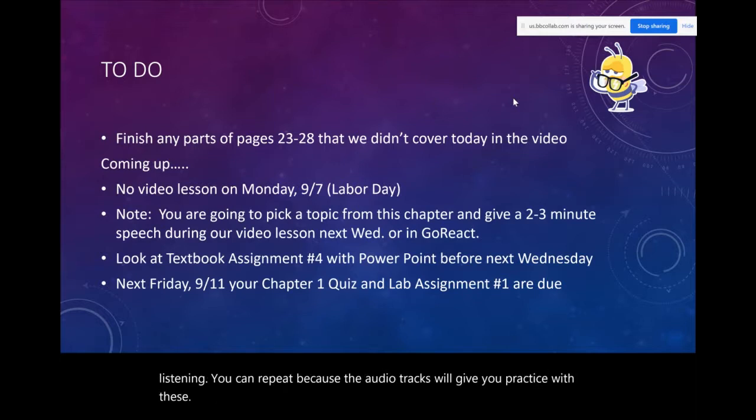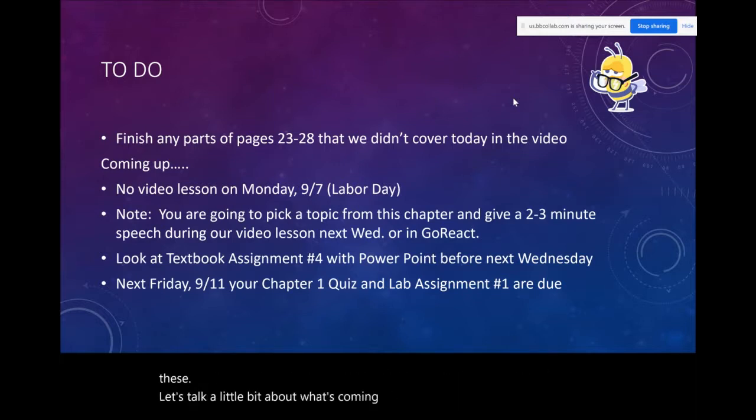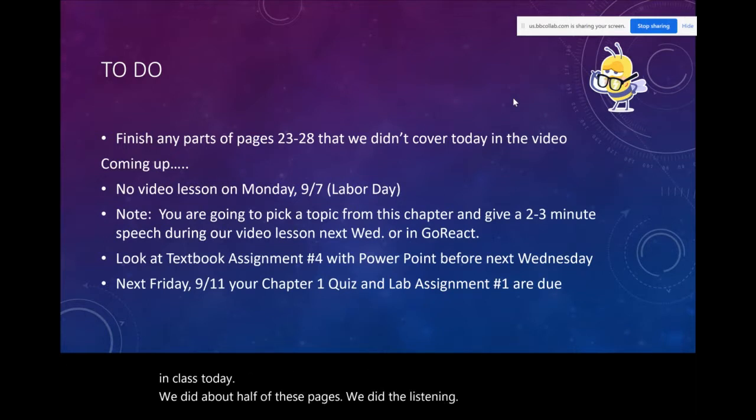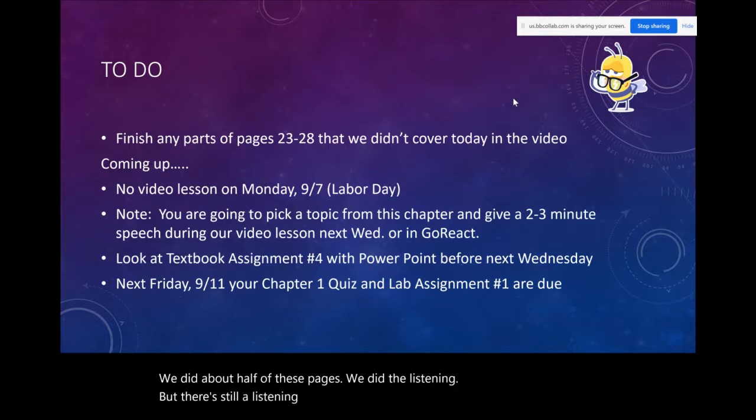Let's talk a little bit about what's coming up this week. Your homework is to finish any parts of pages 23 through 28 that we didn't do in class today. We did about half of these pages. We did the listening, but there's still a listening part you need to do.